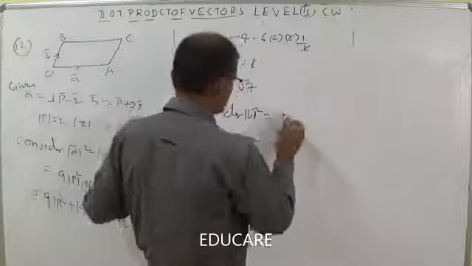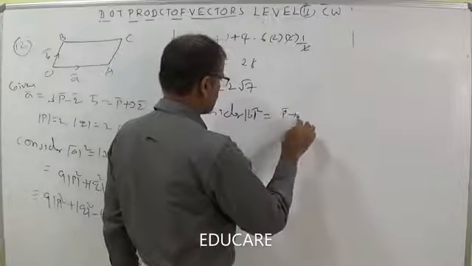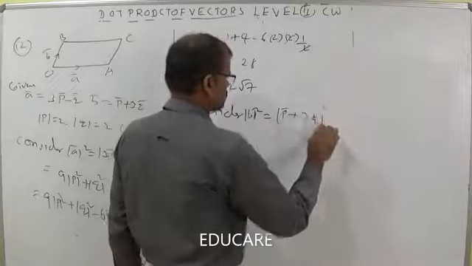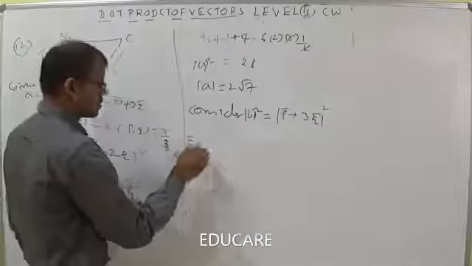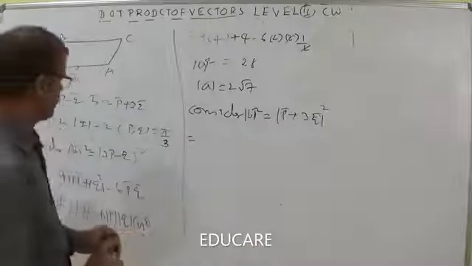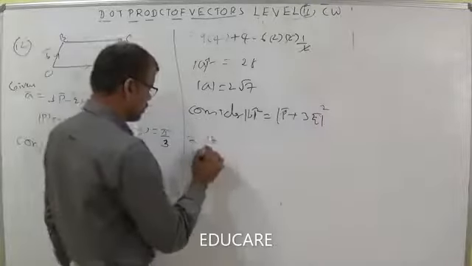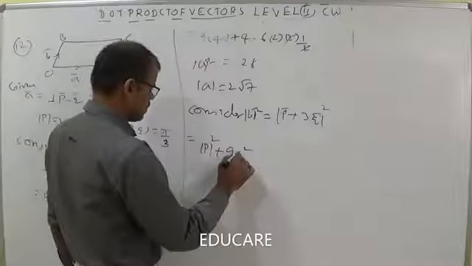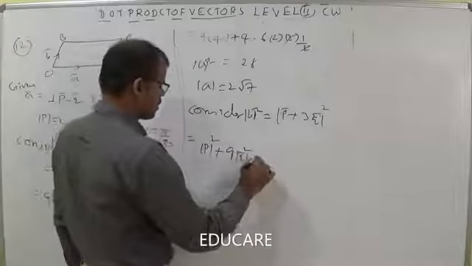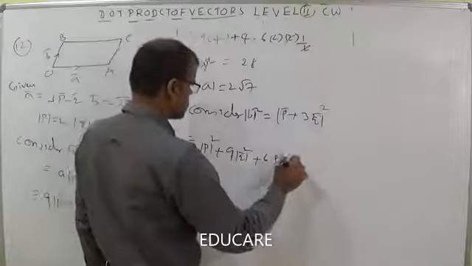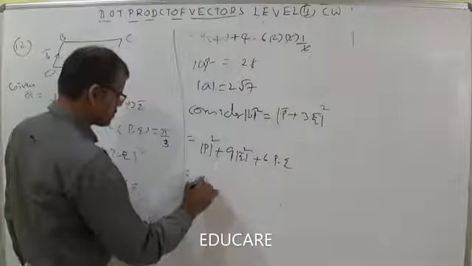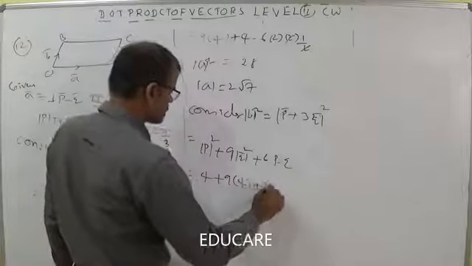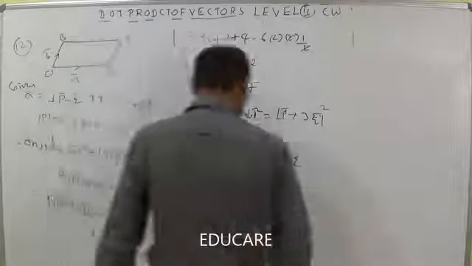Calculate mod B square. Consider mod B square here, (P bar plus 3Q bar) whole square. Using the formula (A plus B) whole square, you write mod P square plus 9 into mod Q square plus 6 P dot Q. What is the value of P square? 4, plus 9 into, this is also 4, plus 6 into mod P into mod Q into cos theta.